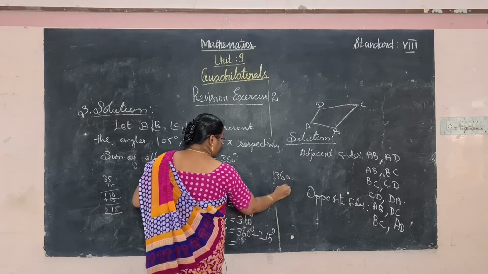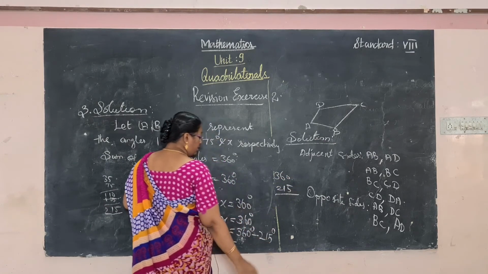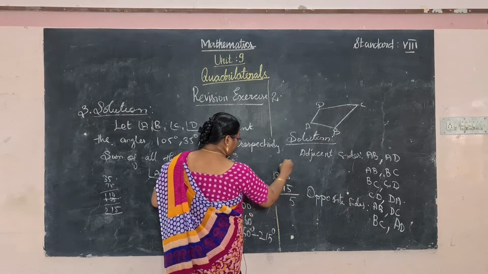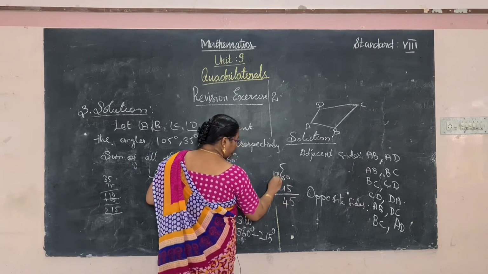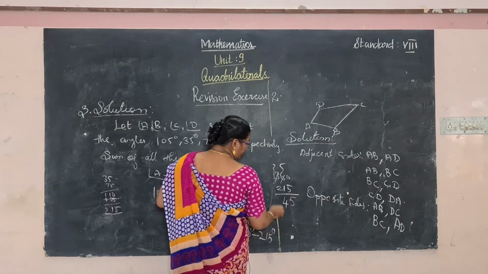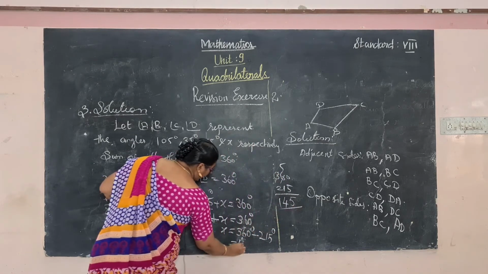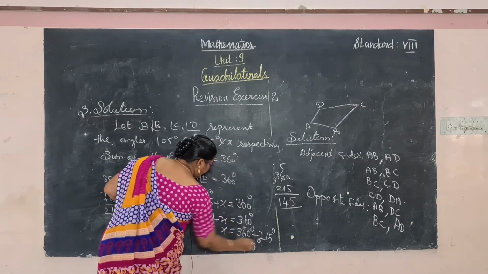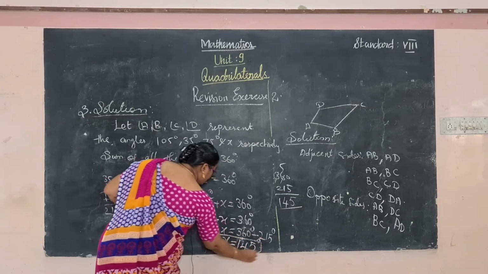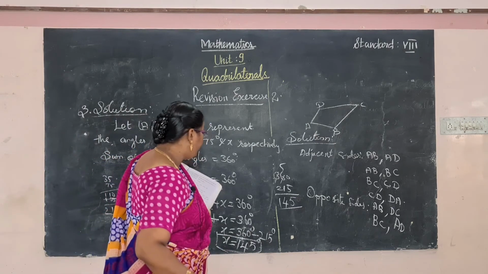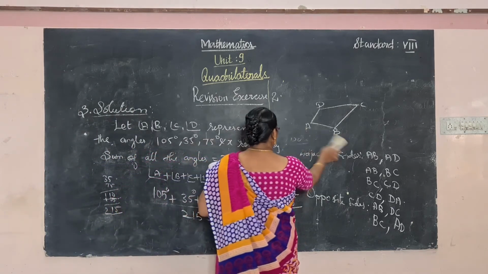360 subtracted 215. So 5, 4, 2... no, 3. So 145 degree. The fourth angle is 145 degree.